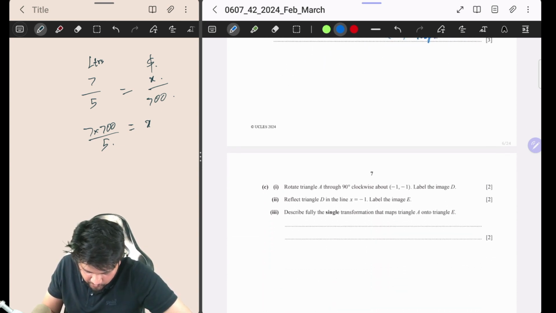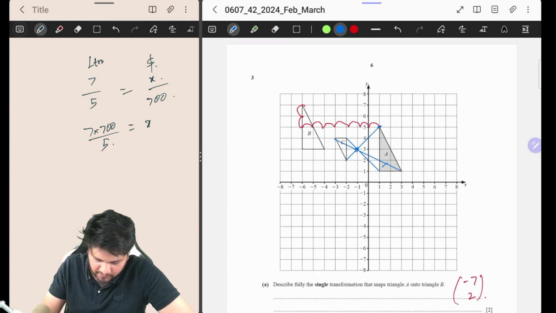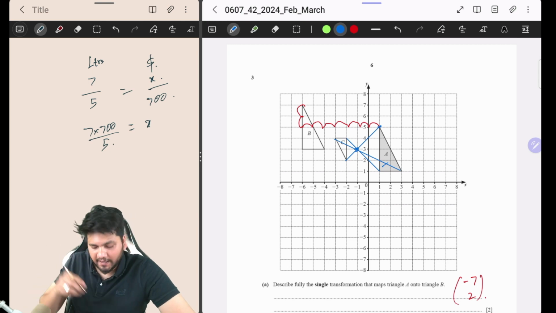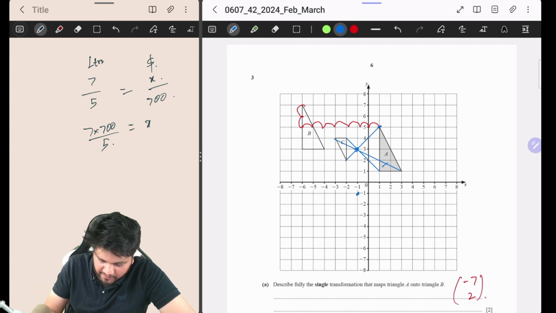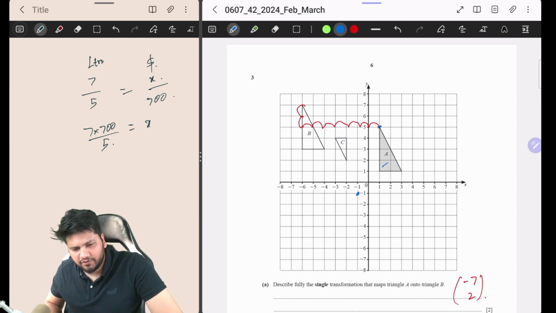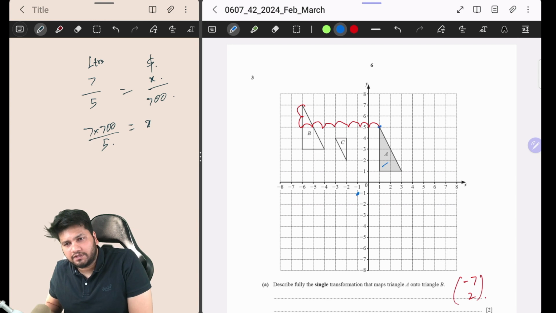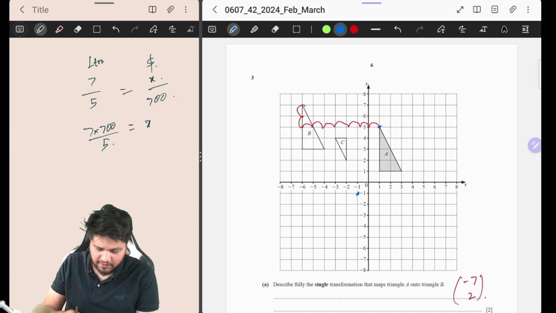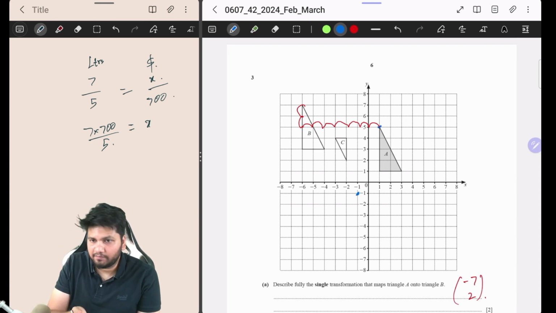Now the next part: rotate triangle A through 90 degrees clockwise about (minus 1, minus 1). Here again we are rotating this A with respect to (minus 1, minus 1), 90 degrees clockwise, so it will come somewhere here. You can use tracing paper, or a compass, whatever.